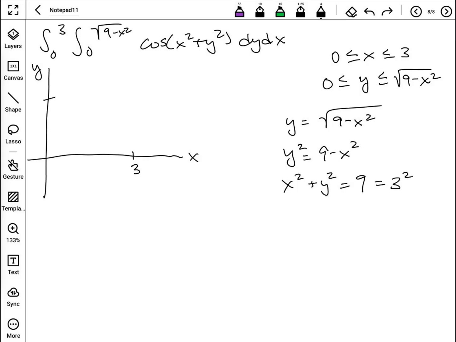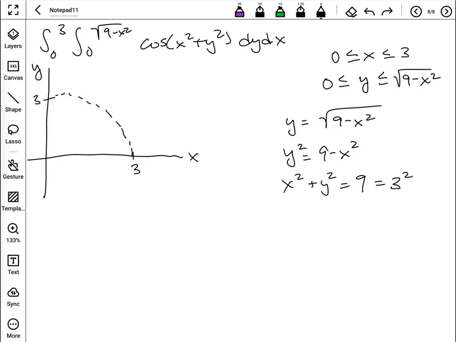So that tells me this upper bound for y is going to be part of a circle with radius 3. And then the lower bound is y equals 0. And my bounds 0 to 3 for x just mean I'm filling in this whole quarter of a circle that I've drawn here. So that's the region over which I'm trying to integrate.